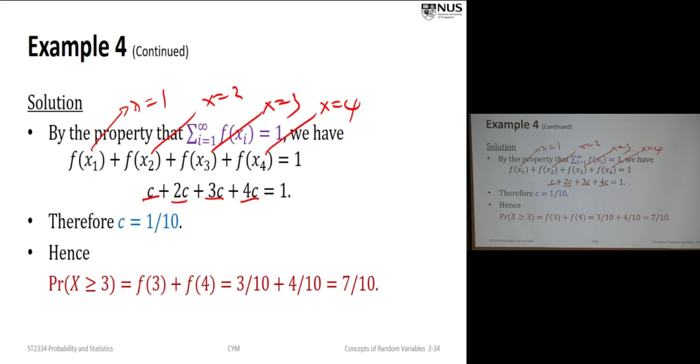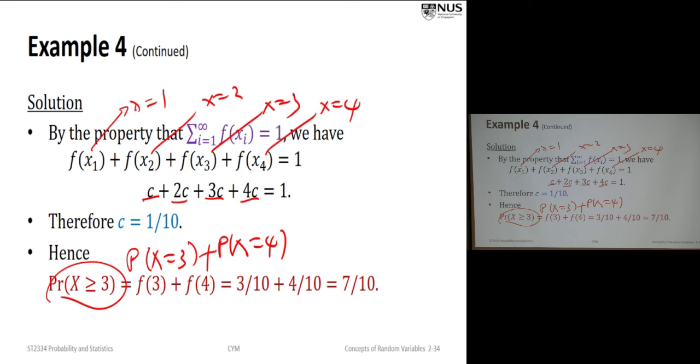All right? So to find the probability of x greater than or equal to 3, which is equivalent to the probability of x equal to 3 plus the probability of x equal to 4. Strictly speaking, this means the probability of x equals 3 or x equals 4. Bigger than or equal to 3 means it can be 3, can be 4.